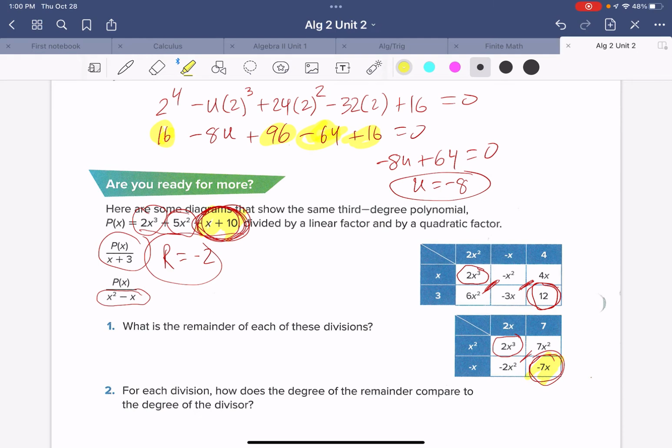Well, I need 8 x's, and that'll make it x, and then I need a plus 10. So therefore the remainder is 8x plus 10. If you put 8x plus 10 with the -7x, then you get the x plus 10. So that's the remainder. All right.